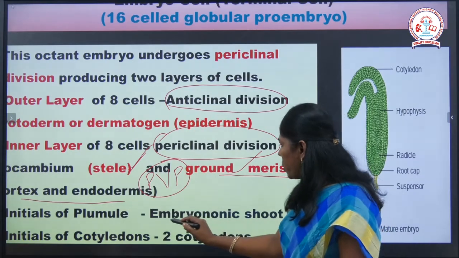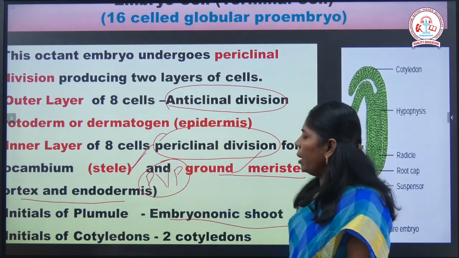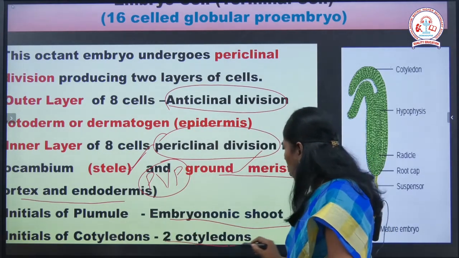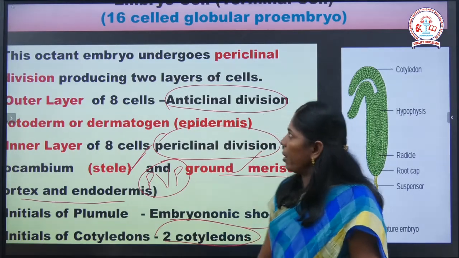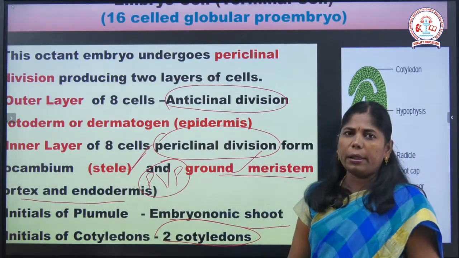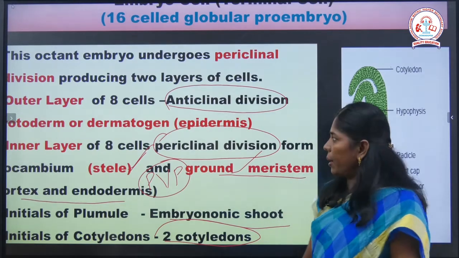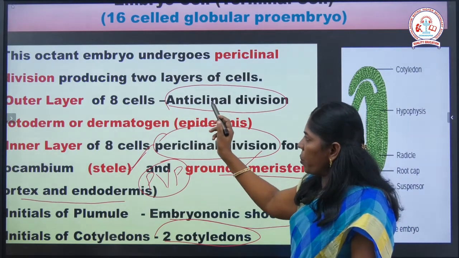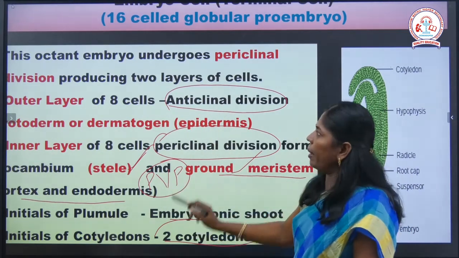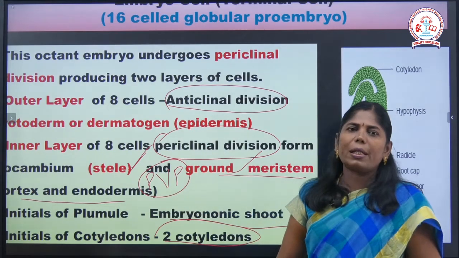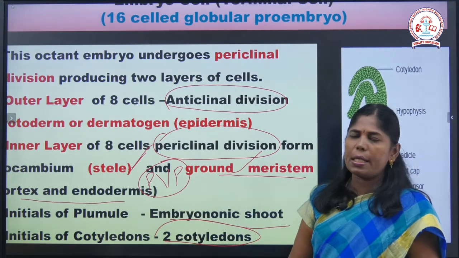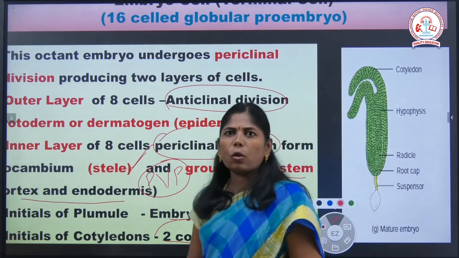always gives rise to the embryonic shoot. The initials of the cotyledon give the 2 cotyledons. Where do all of these come from? They come from the 8 celled stage: the 8 cells of the outermost layer and the 8 cells of the inner layer. That is a 16 celled stage, which we call the globular stage.